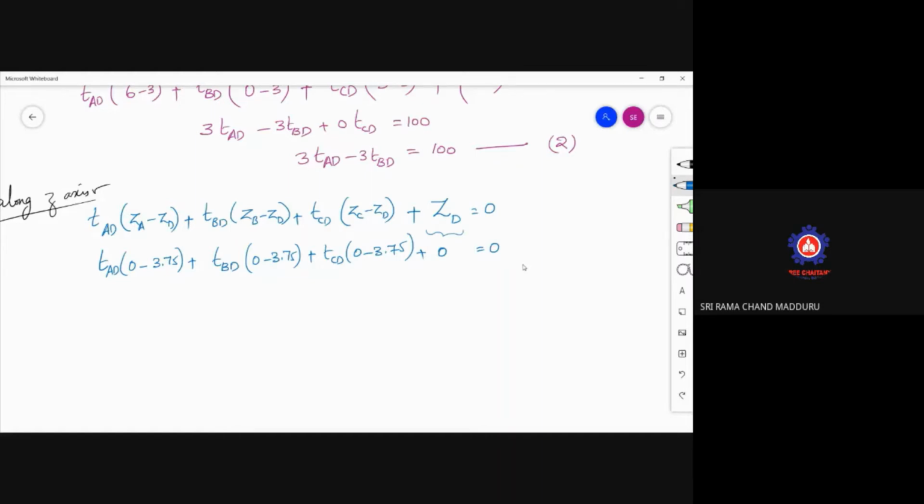This is minus 3.75 TAD minus 3.75 TBD minus 3.75 TCD equal to 0. Take minus 3.75 as common and you get TAD plus TBD plus TCD equal to 0, because 0 divided by 3.75 is 0 only. This is equation number 3.